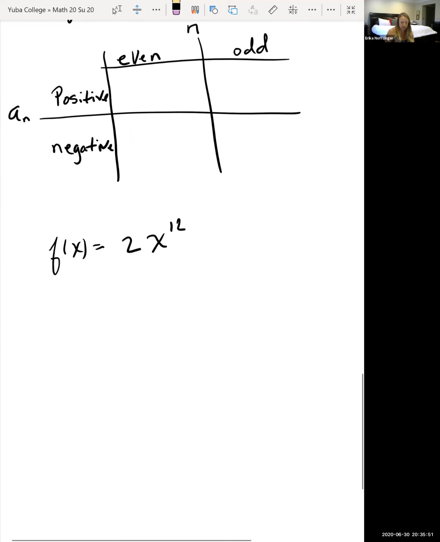So we're looking at the limit as x goes to negative infinity of f of x.